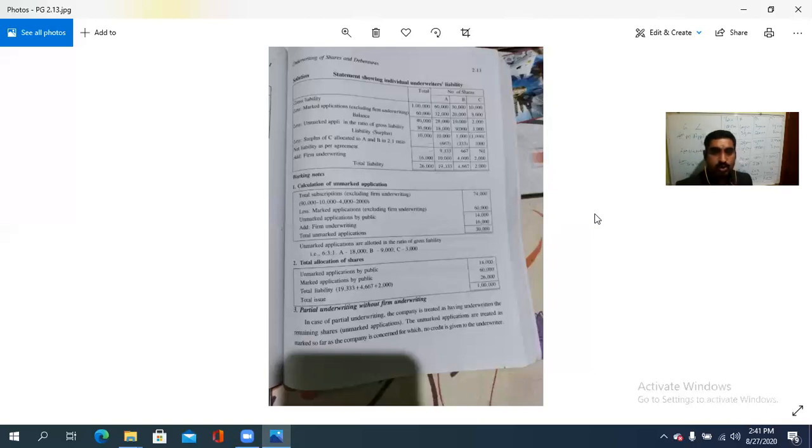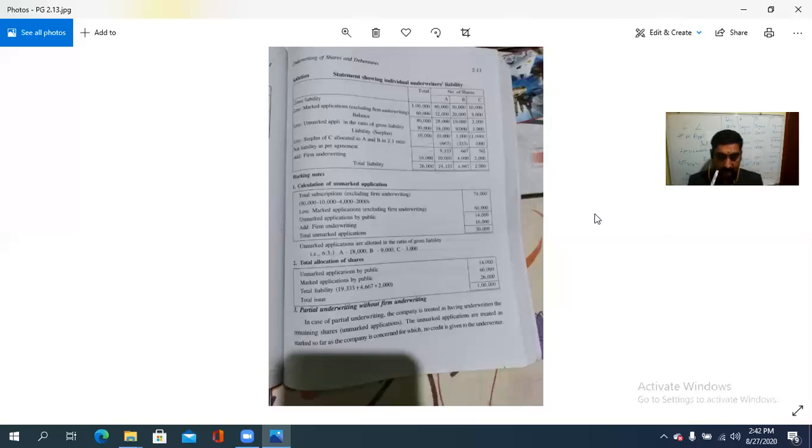Then we need to calculate the allocation of shares in what way? Unmarked application by the public, it is 14,000. Marked application by the public, it is 60,000. 14,000 unmarked and marked 60, so 74. 74 plus 26, 1 lakh. 74 plus 26, that is the net liability, that is also to be added.